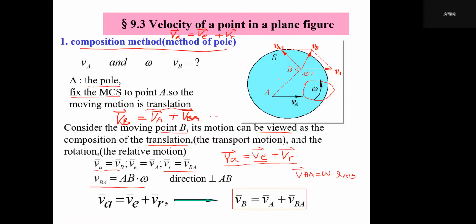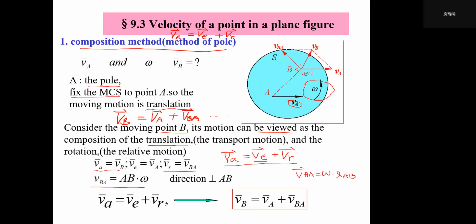So if we use this figure, assume that we know the magnitude and direction of the pole point A, we know VA. So VB will equal VA plus VBA, and VBA will be perpendicular to line AB, right?